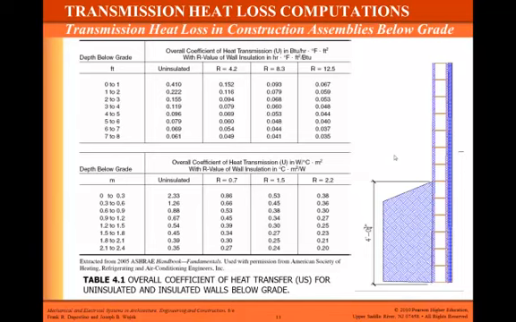So what is done in the chart is they've modified the R value. If you look at the top here, this is an R 4.2, which would give you about a U of 0.23. As you go down into the earth, the U factor for this wall actually gets better and better.